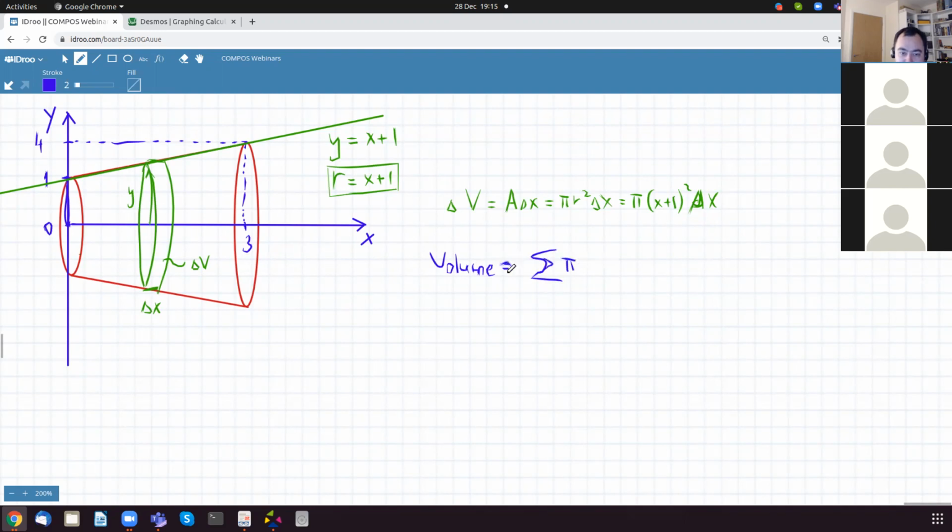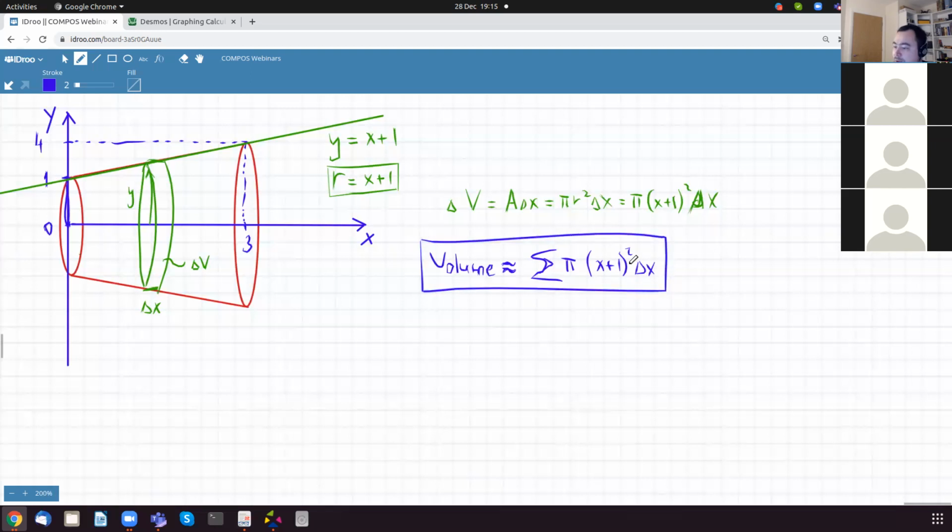But I'd say volume is approximately equal to the sum of those cylinders, because we are using cylinders of some width. So it's the sum of these cylinders. Do you understand this expression? Do you understand this expression? How well, on a scale of 1 to 10?